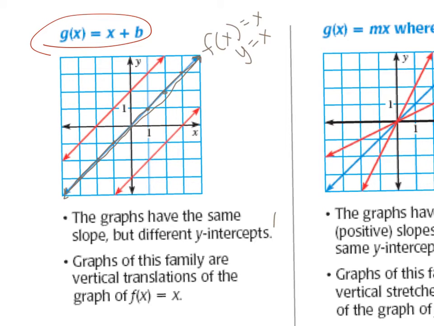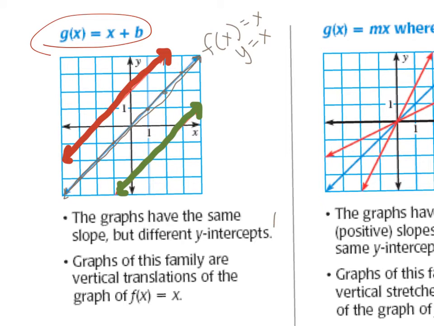So when I add or subtract a b, it's going to shift my graph either up, like this top one here, or down. I can make my line a little thicker here so you can see it. So this one right here is me shifting my graph up. This other equation down here is me shifting my equation down.